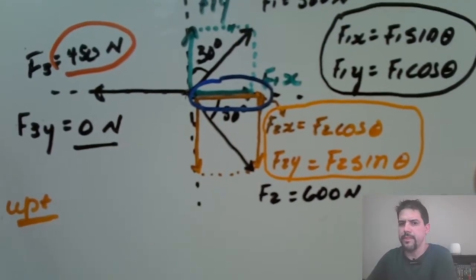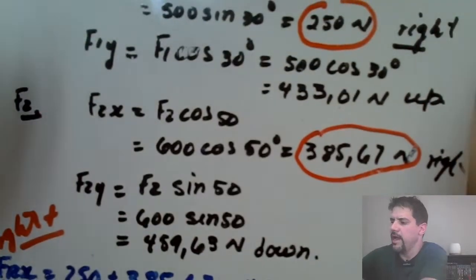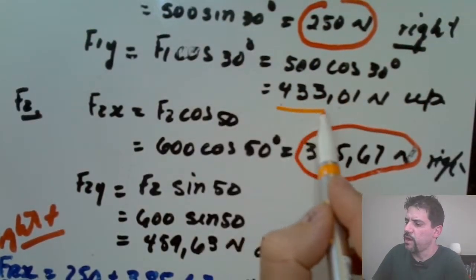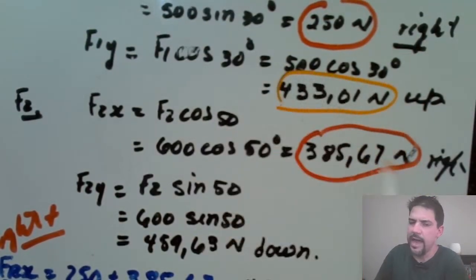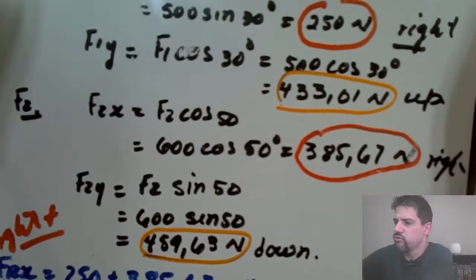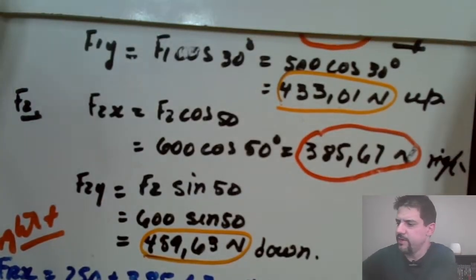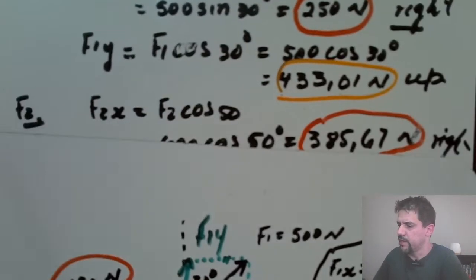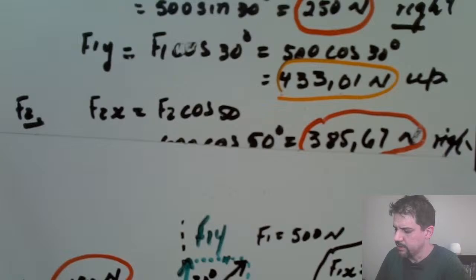If we go here to the substitution, we have that this one is up, 433, and then we have here 459.63 pointing down. So that is what I'm going to substitute in here. Let me do it here, and I'll show you now, because otherwise I won't be able to see.